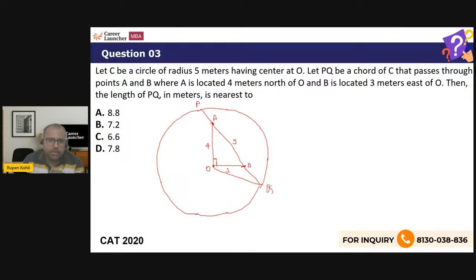The most basic property of a chord: the perpendicular drawn from the center of a circle to a chord bisects the chord. The first property that you learn about chords. You need to do one more thing, and that was drop this altitude. As soon as you do that, let's say this is point N, ON is the altitude.